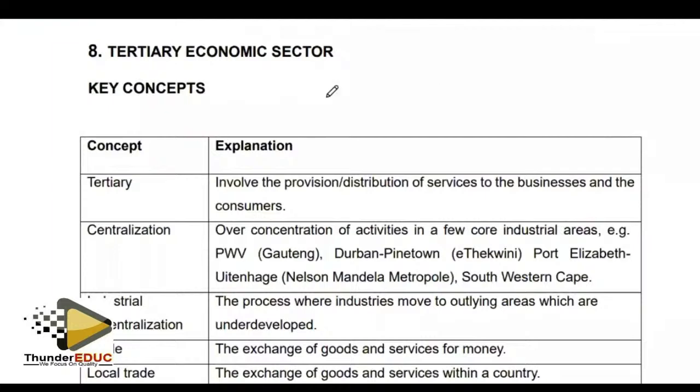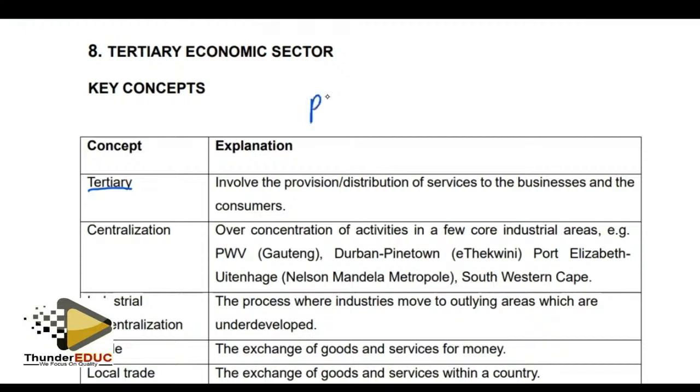Let's look at the tertiary economic sector key concepts. Tertiary involves the provision and distribution of services to the businesses and to the consumers.